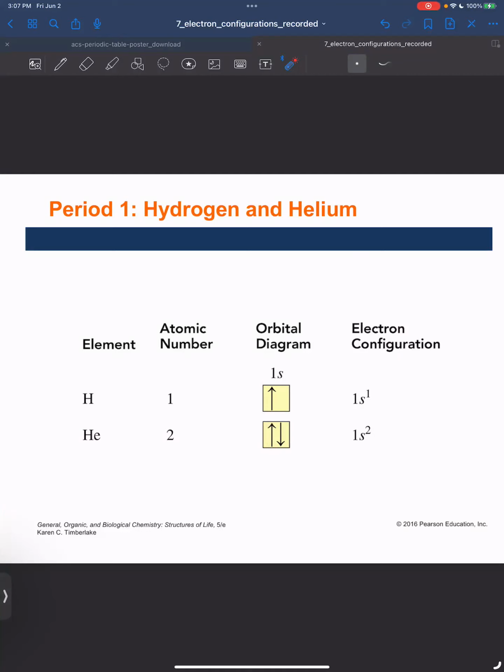And because there's 2 electrons, they will fill up, one pointing up and one pointing down to represent the opposite magnetic spin that we learned about in the previous video. And to translate the orbital box diagram into electron configuration, we write the type of orbital and then the number of arrows, which represent each electron. So this is a 1s, and then because there's 2 arrows, this is 2 electrons, so 1s2.